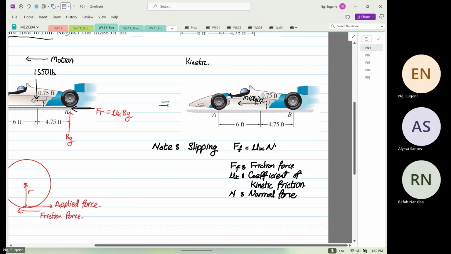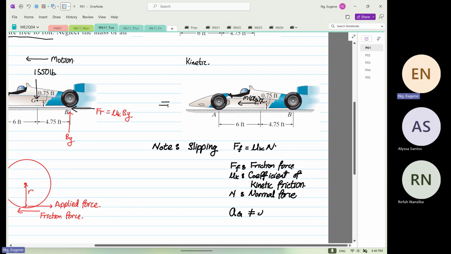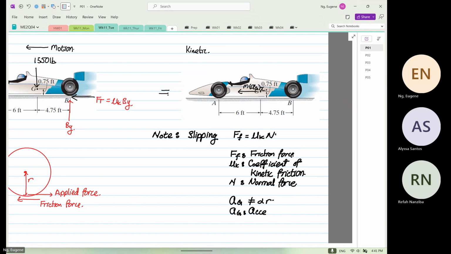Now, if there's slipping, we know that AG cannot be equal to alpha R, where AG is the acceleration at the center of gravity for the wheel.